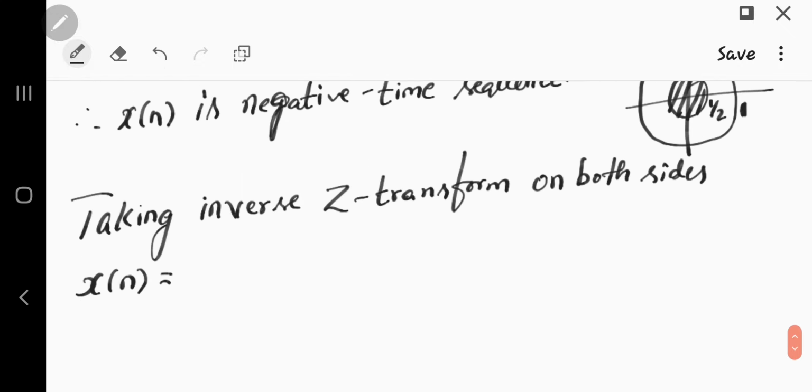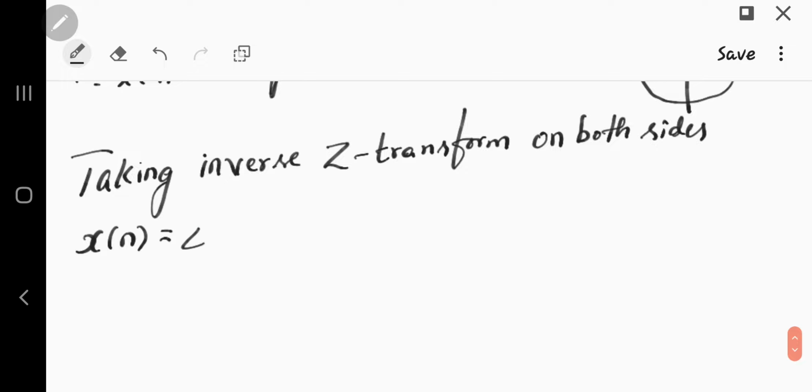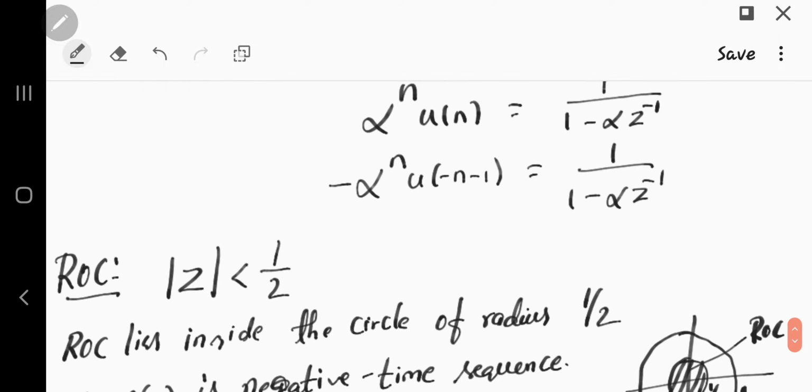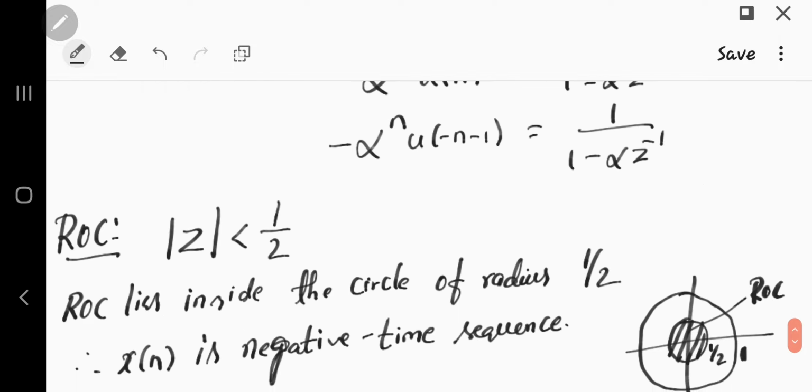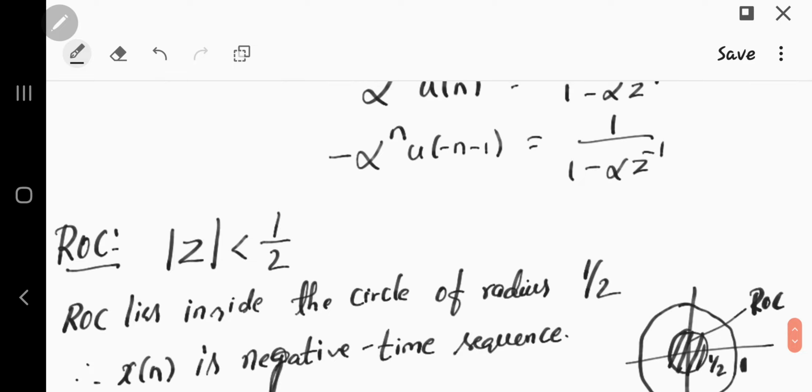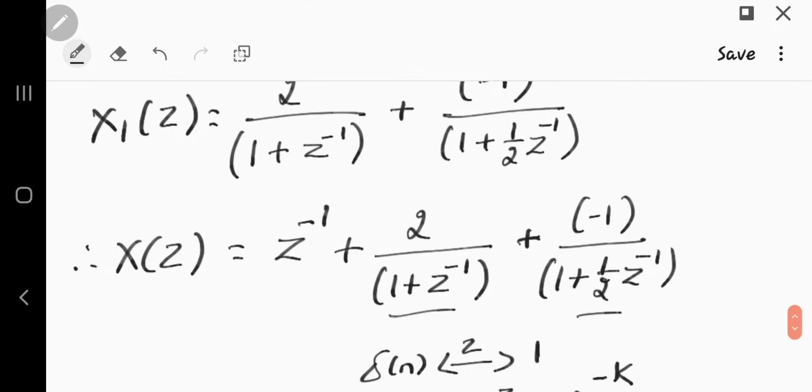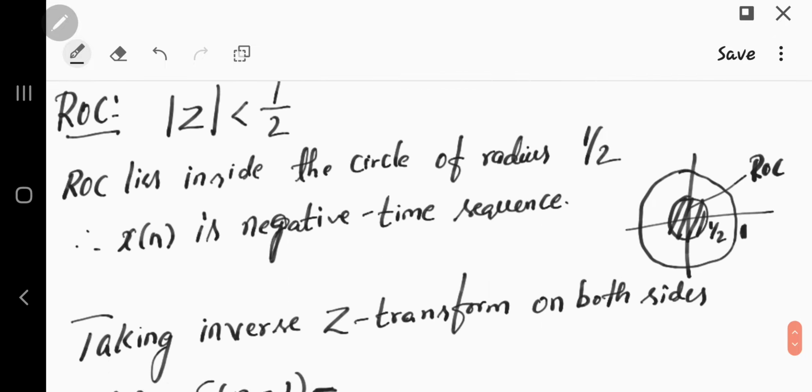So whether it is positive or negative, it will be the same, delta n minus 1 here, and this, since it is a negative time sequence, minus, it is in the form of minus alpha to the power n into u of minus n minus 1. In place of alpha we have -1 here.